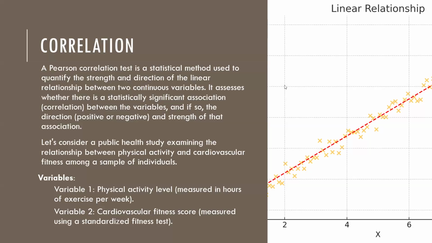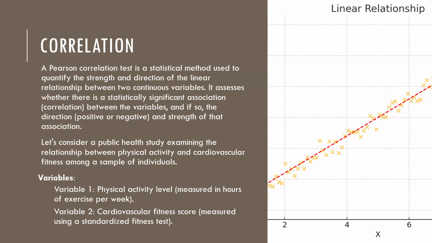All right, we're going to move on to correlation. Correlation and regression are similar, but not exactly the same. The correlation does not distinguish between a dependent and an independent variable. You're simply looking at the relationship between two variables, literally that correlation coefficient.